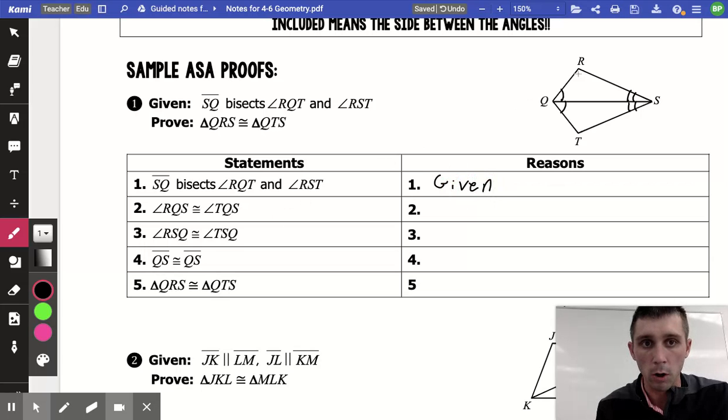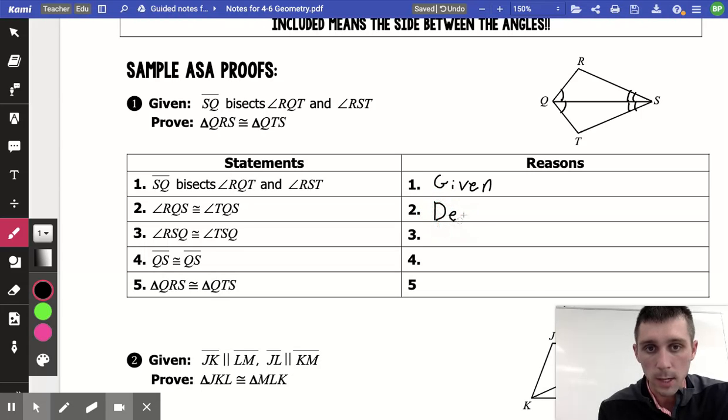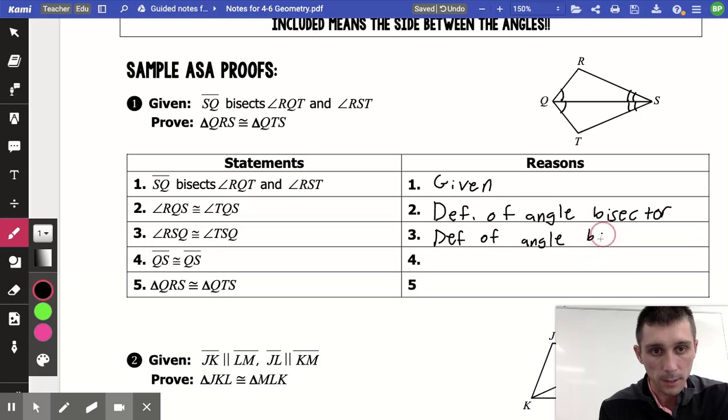Now, how do we know RQS is congruent to TQS? It's an angle, so that reference sheet that you would have, reasons angles are congruent. If SQ is a bisector, it cuts that big angle in half. That's the definition of angle bisector. All right. Now, if it also cut this angle in half, that would also be the definition of angle bisector.